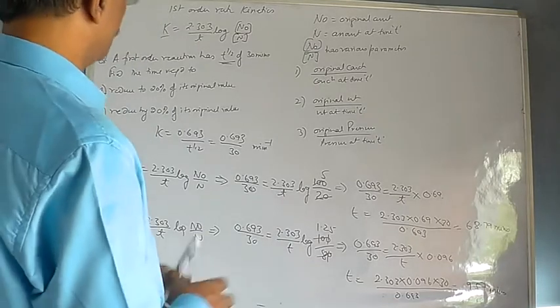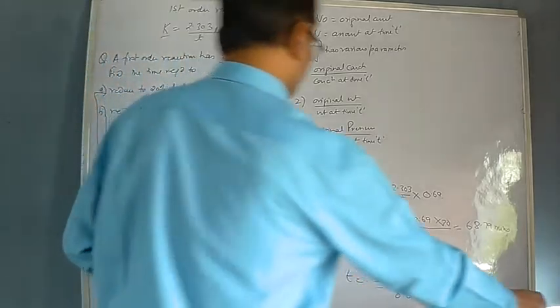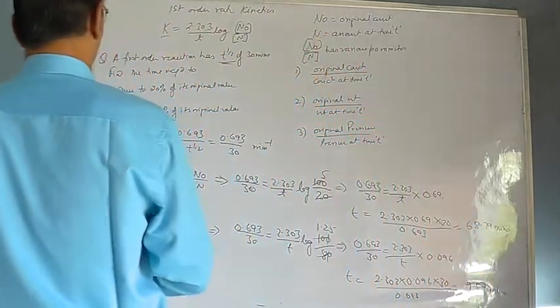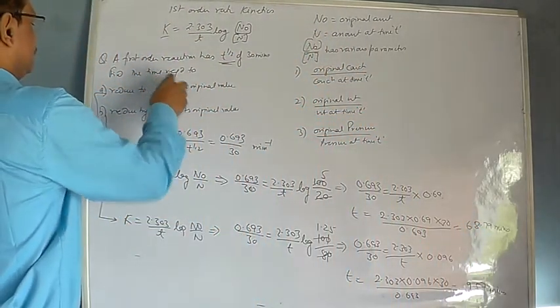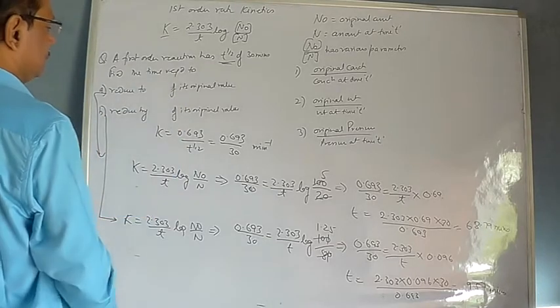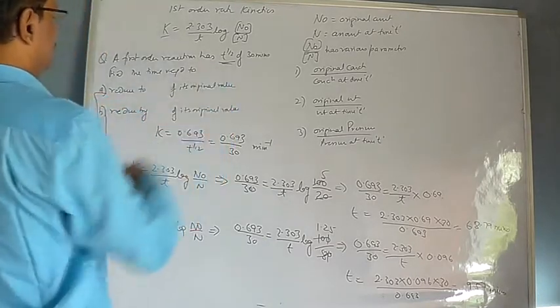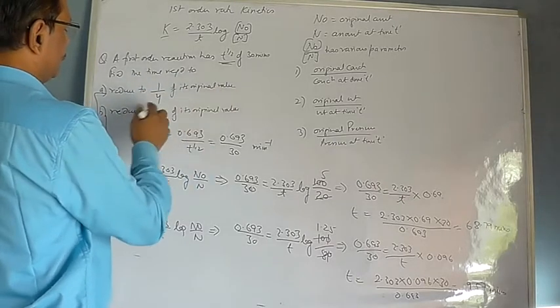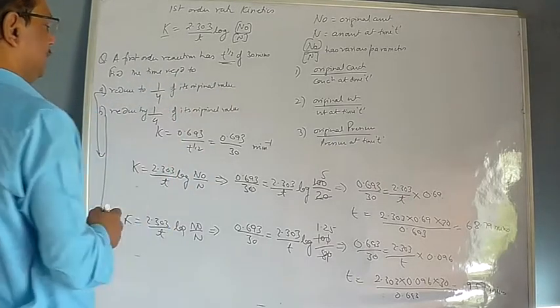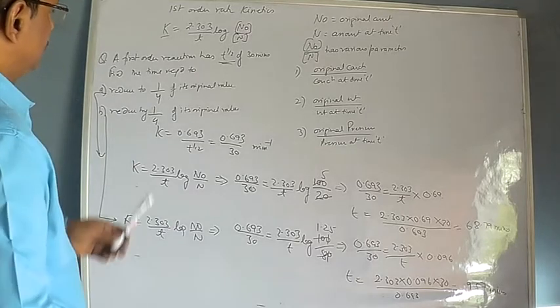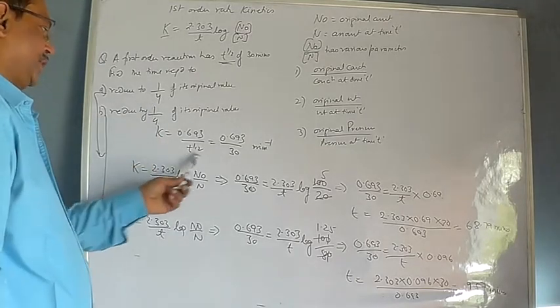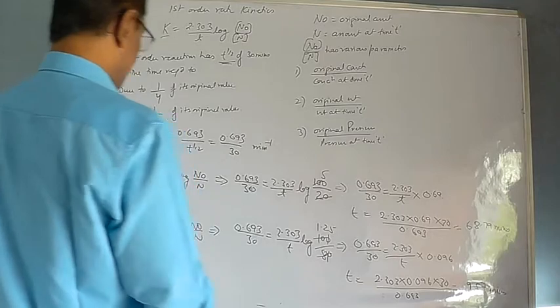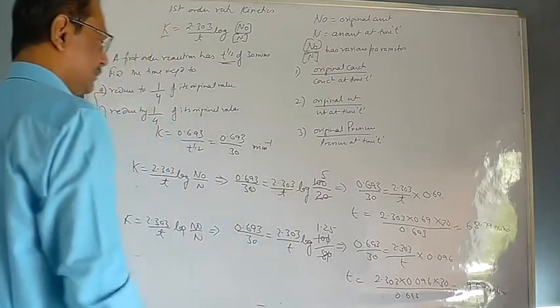Now class, we are going to take numericals on fractions. Same numerical: reduced to 1/4 of its original value, and reduced by 1/4 of its original value. This is in fractions, so the value of k remains the same.